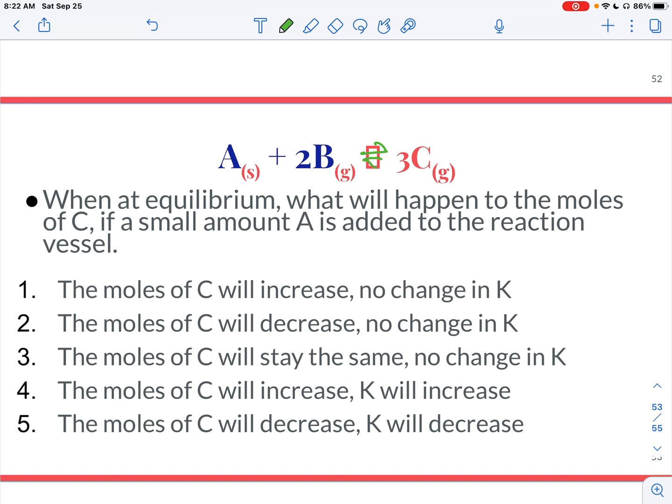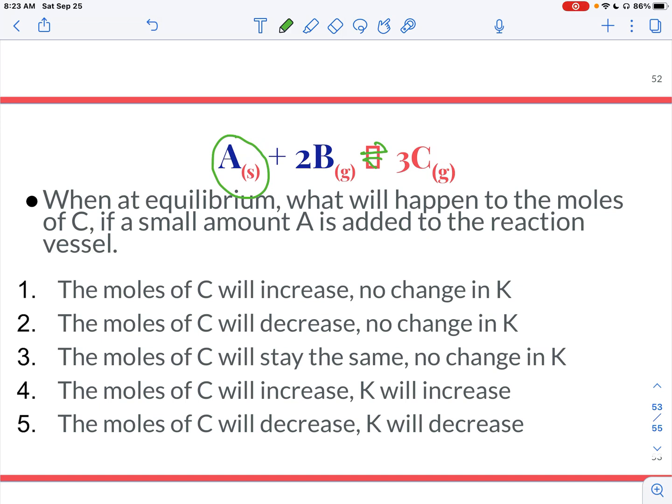So same reaction. What will happen to the moles of C if a small amount of A is added to the reaction vessel? So we're adding a little bit of solid here. If we add in one of our little heterogeneous equilibrium things, a little bit of solid, nothing's really going to happen, right?